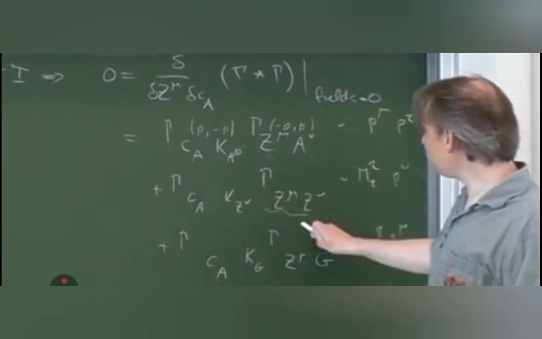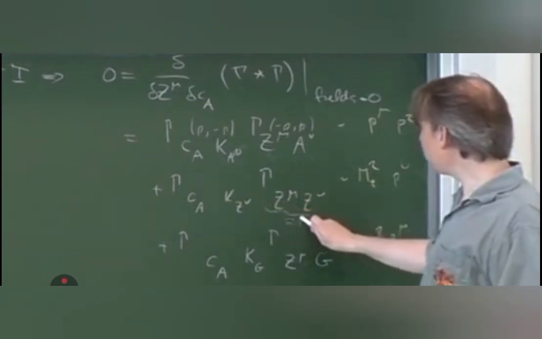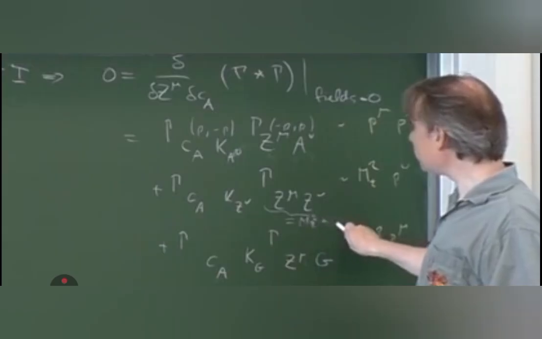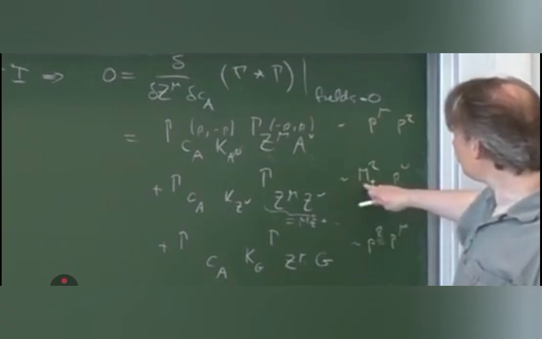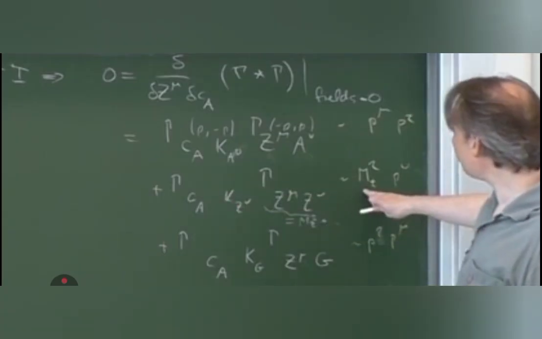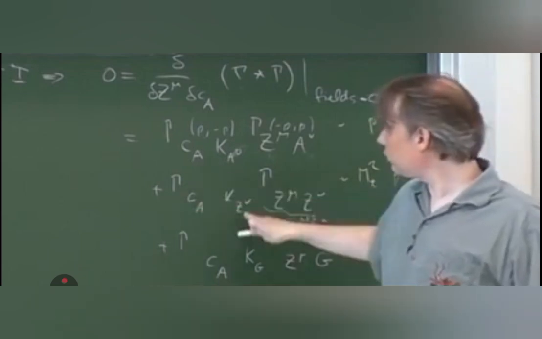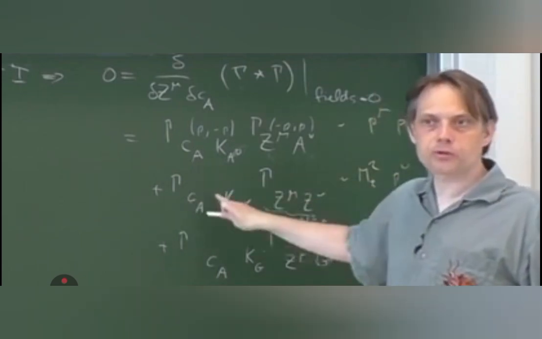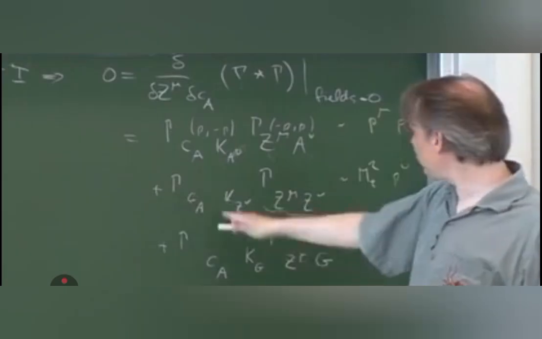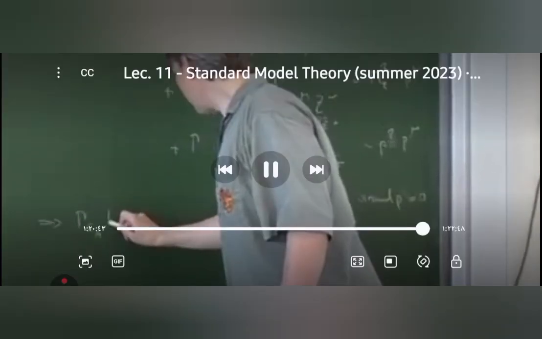We know that this is definitely equal to M_Z squared plus higher orders, so that is something we definitely know for sure. If we know that the whole product of the two must vanish like p to the third power, it means that this object here itself must behave like p to the third power. It cannot behave just like p, it must behave like p to the third power. Therefore we know now this outcome.